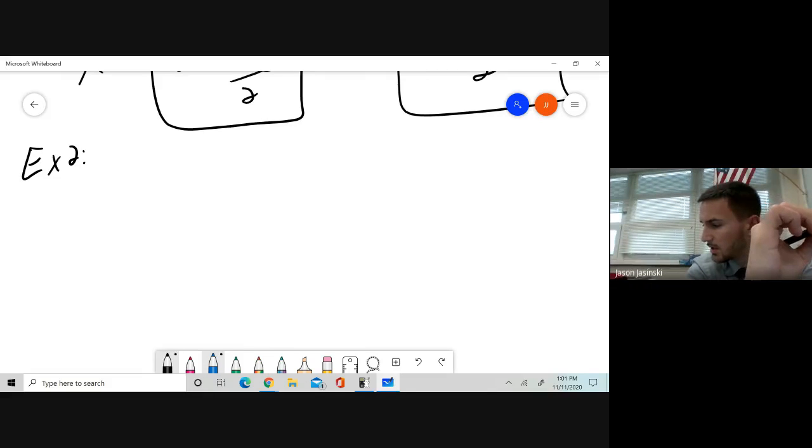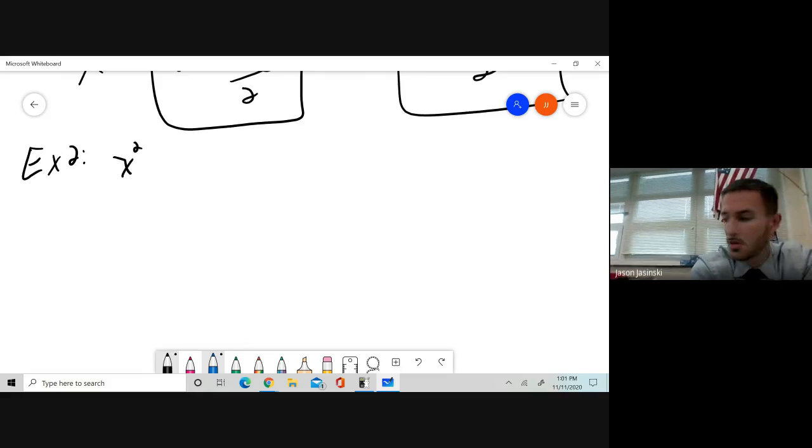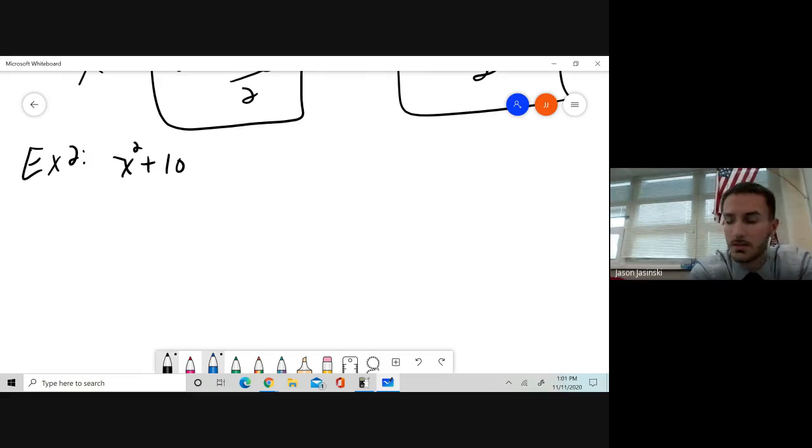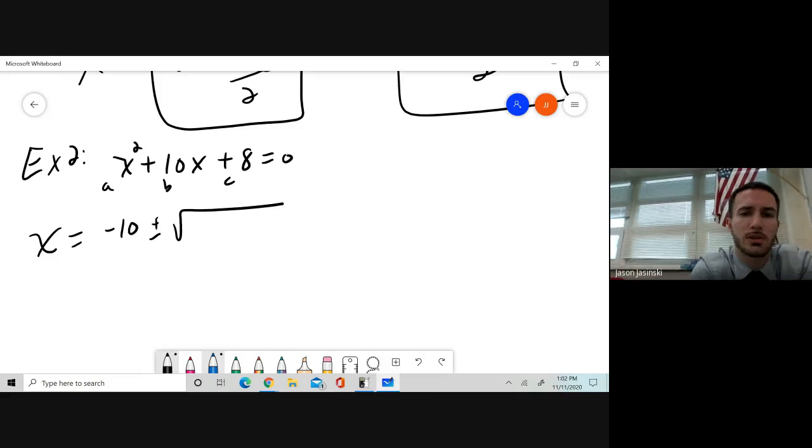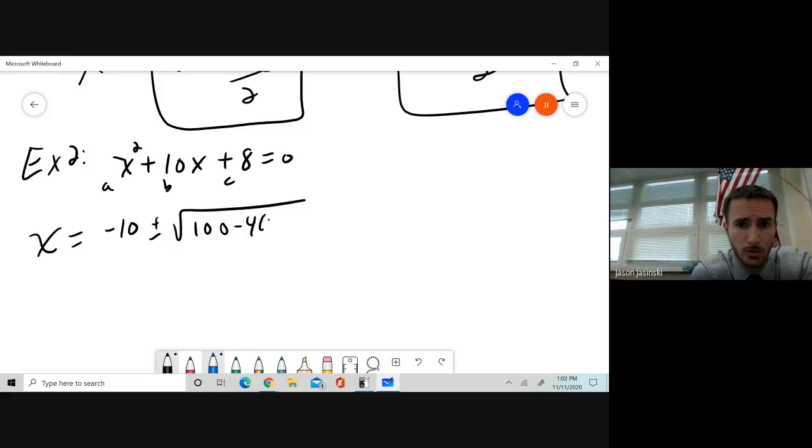This would be x squared plus 10x plus 8. So this one's already equal to 0. A, B, and C are there. So you set up the formula: opposite B plus or minus the square root of B squared, which is 100. So I'm just skipping some steps. Minus 4 times 1 times C, which is 8.